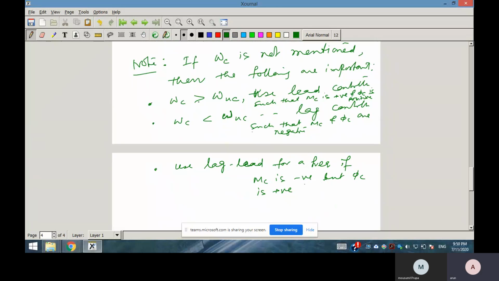This frequency is normally in between the gain cross frequencies of the lag and lead controllers.